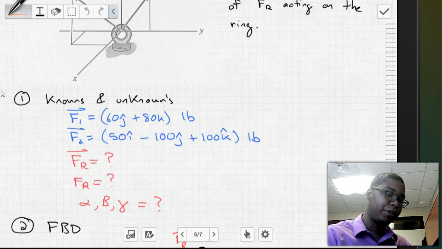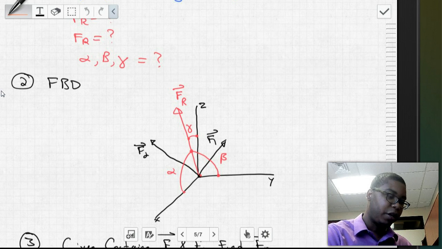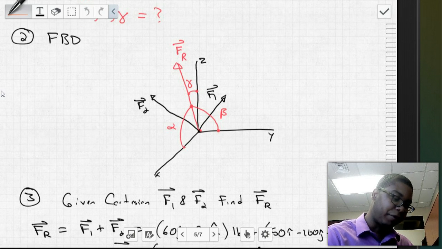Now that we've listed our knowns and unknowns, let's craft our free body diagram. In our free body diagram, we establish our right-hand rule coordinate system. We put in the known force vectors F1 and F2, and then we also describe our unknown, which is the force resultant and the associated angles alpha, beta, and gamma.